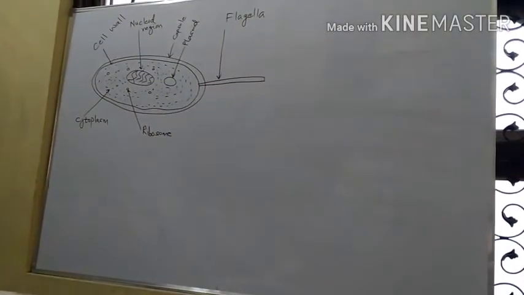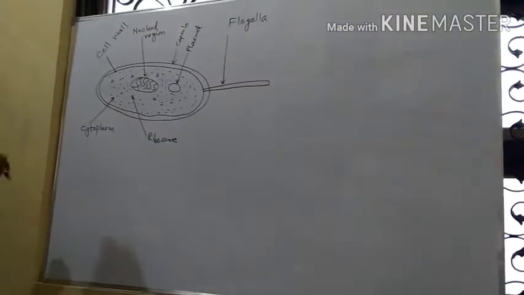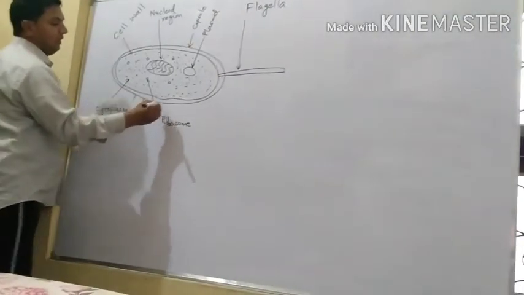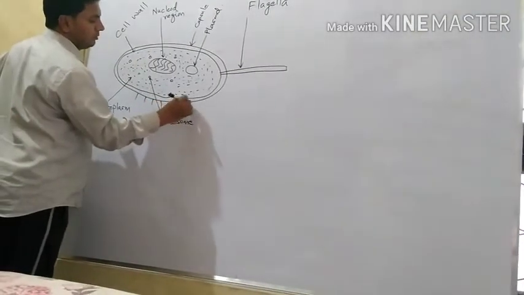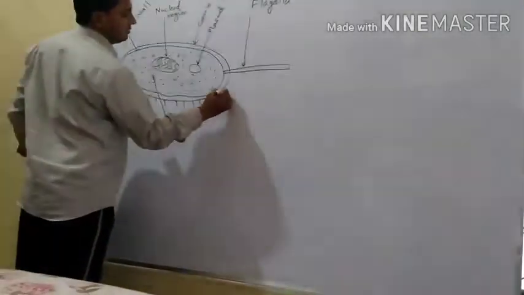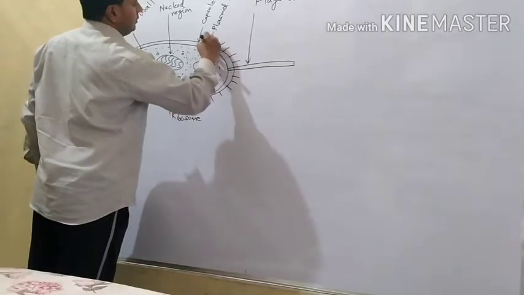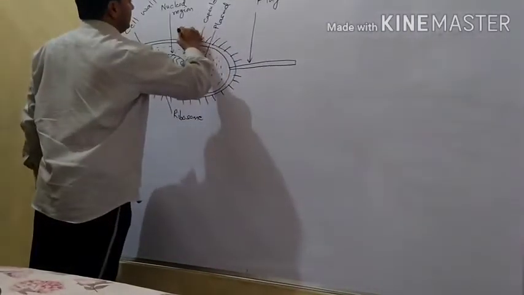Ribosome is also present. Flagella is there for movement. Apart from these, hair-like projections are also present around this prokaryotic cell. These hair-like projections are called fimbriae.